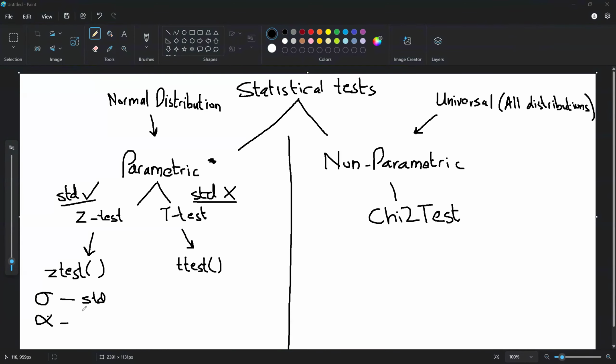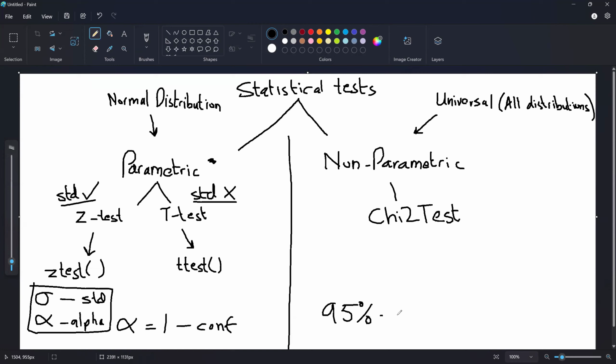Yeah. So this is something you have to remember with these tests. Sigma, standard deviation, alpha is just alpha. But yeah. So what is alpha? Alpha is 1 minus confidence interval. So confidence interval is given as 95%.